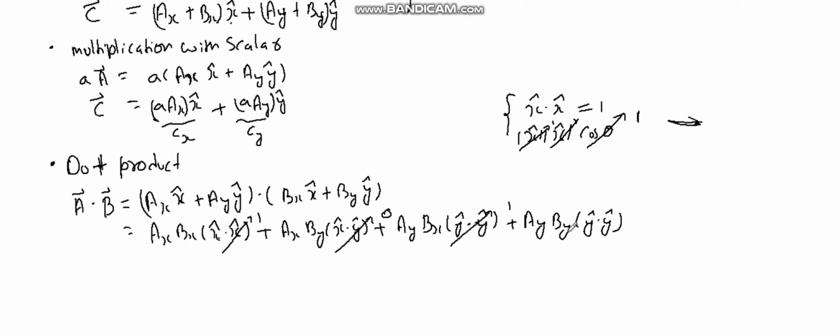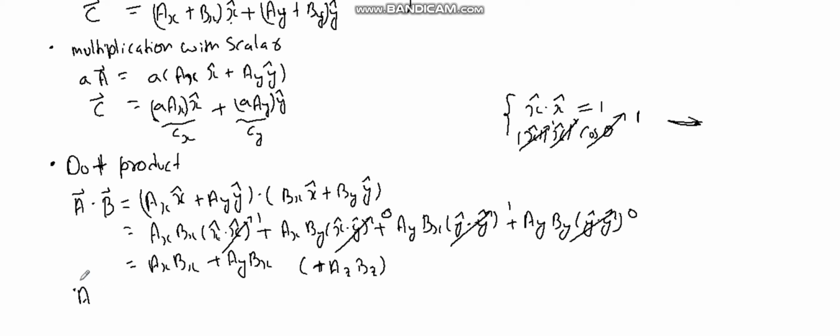This will also be 1 and this is going to be 0, so the final result will be ax bx plus ay by. And if we have one more component, az bz will be added. So this is a dot b.